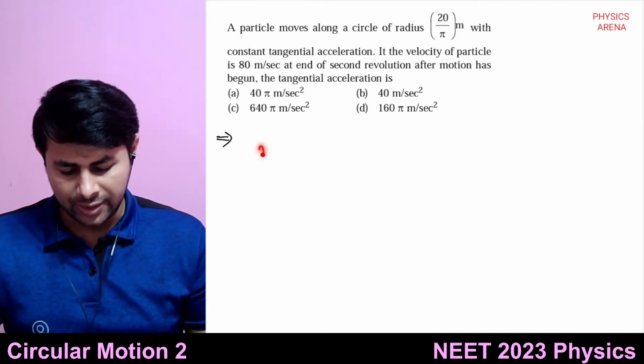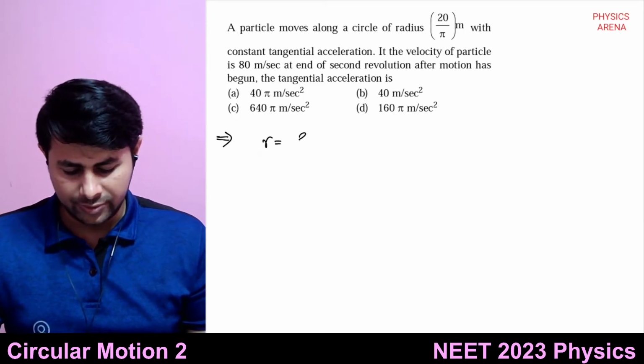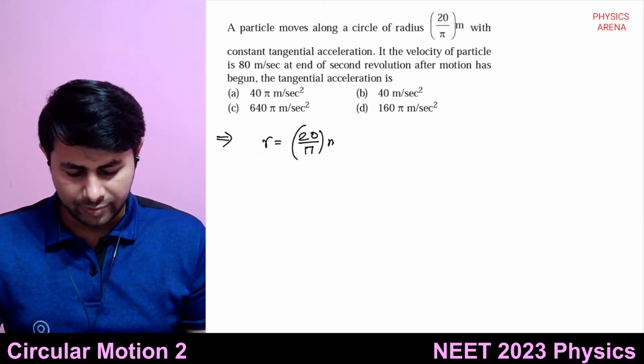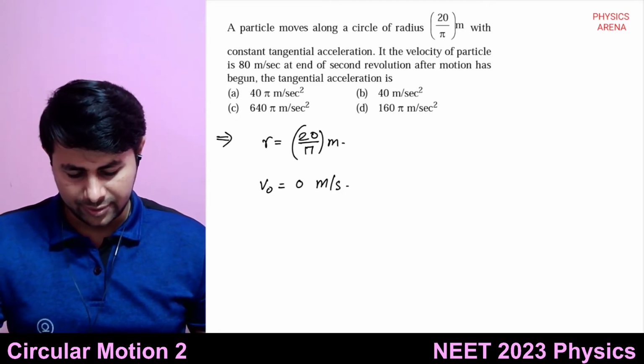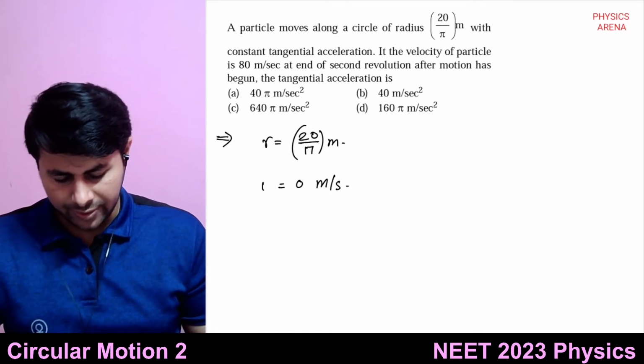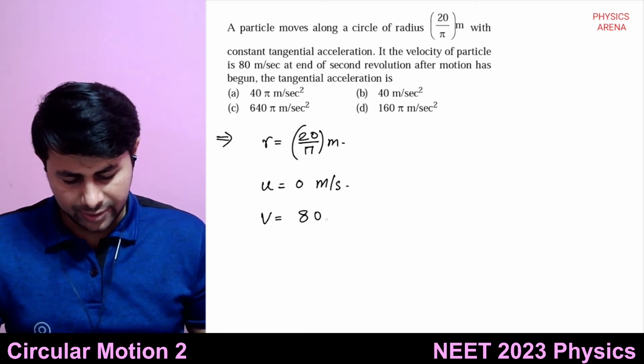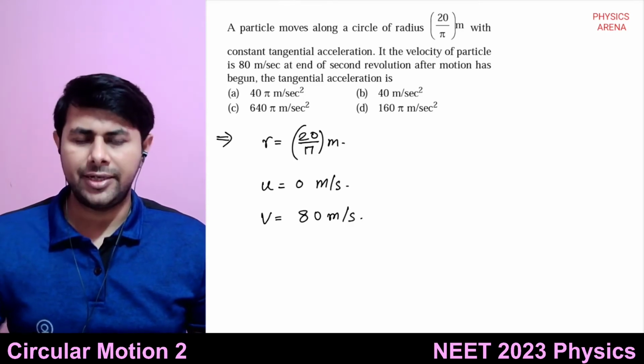You are given r, the radius, which is 20 by pi meters. The initial velocity is given, it's 0 meters per second, or let's call it u only. And v is given, it is 80 meters per second at the end of the second revolution.